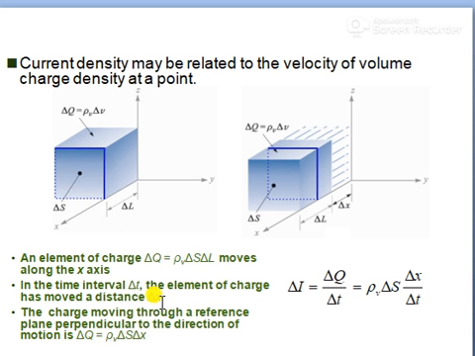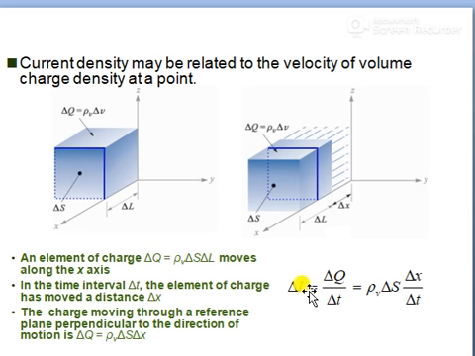The charge moving through a reference plane perpendicular to the direction of motion is del q is equal to rho v del s del x. Therefore delta I is equal to delta q by delta t, which is rho v del s into del x by del t.